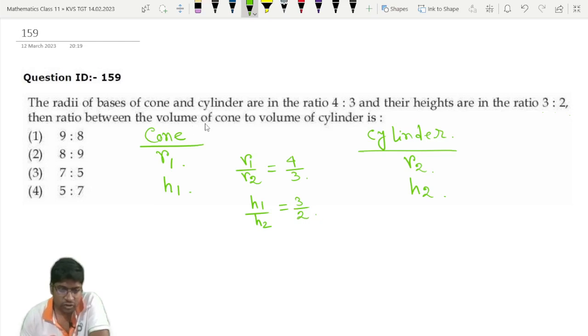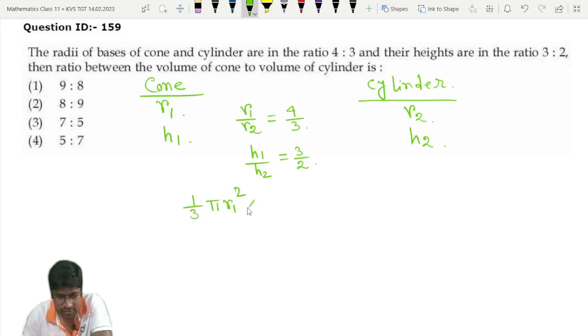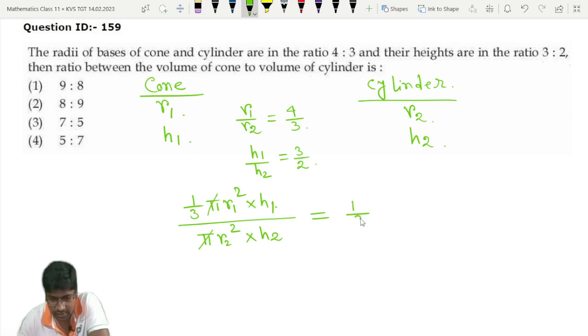Then the ratio between the volumes of the cone and the cylinder. So what will be the volume of the cone? 1/3 pi r1 square into h1. And the volume of the cylinder? Pi r2 square into h2. Then what will be the ratio? Pi will be cancelled, so 1/3, and this will become r1 by r2 whole square, into h1 by h2.